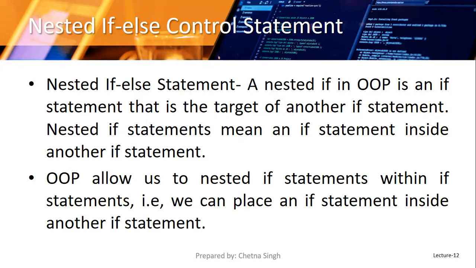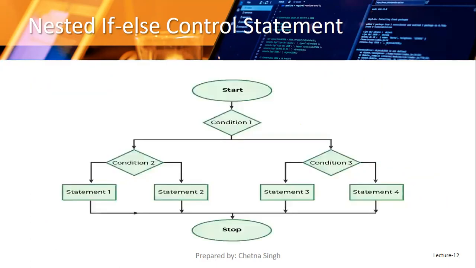C++ supports the nested if else statement. Here you can see it in the flowchart diagram. If the condition is true, then we check another if condition and execute the statement according to whether the condition is true or false.